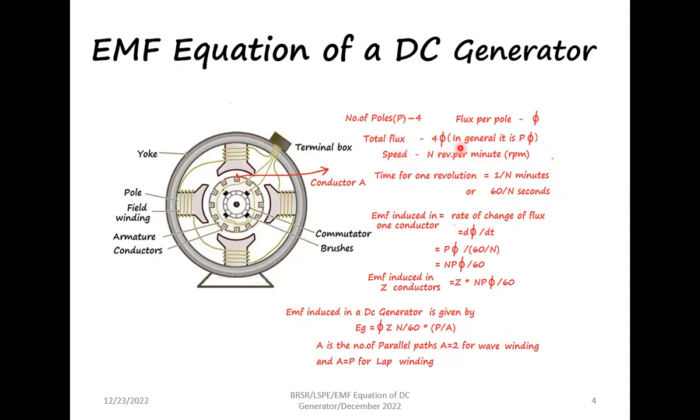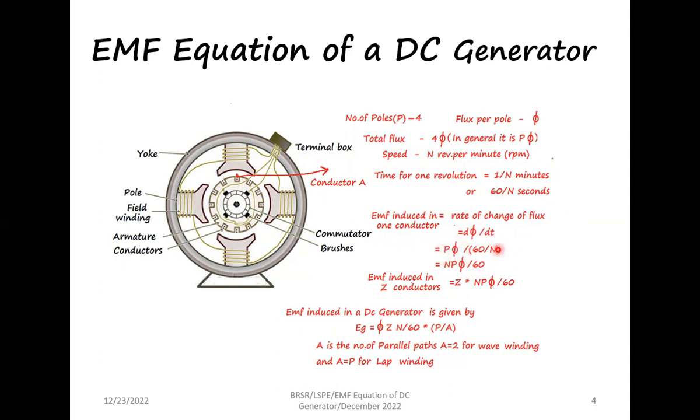So we have found out 2 things: the flux which the conductor undergoes, and the speed at which it is rotating. The EMF induced in a conductor is given by the rate of change of flux, how much flux is changing with respect to time. Here it is subjected to P phi, and it is rotating at n revolutions per minute.